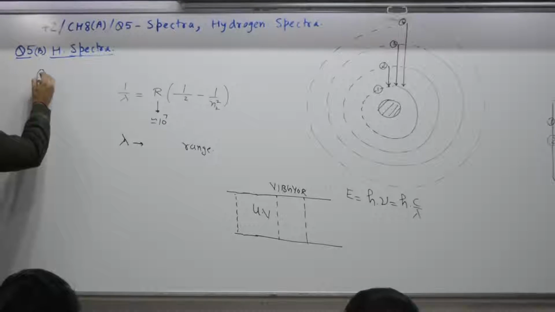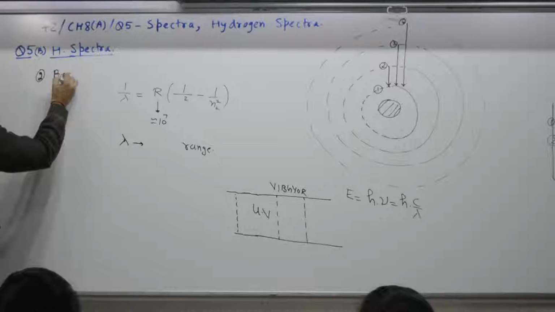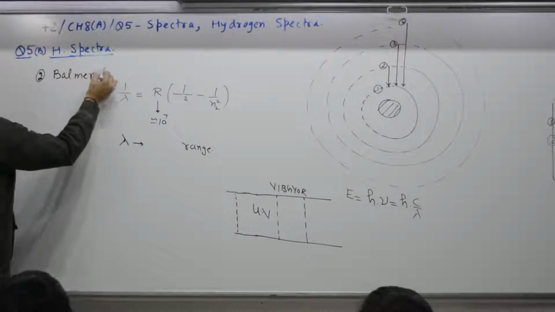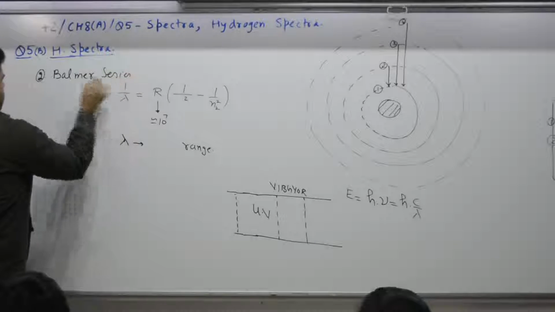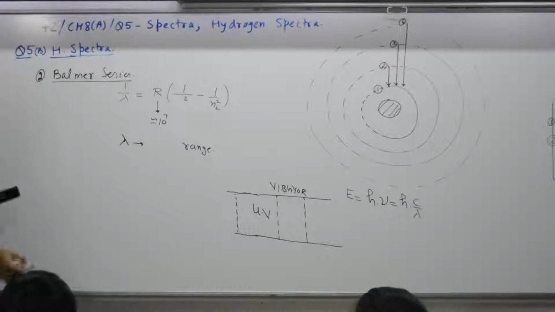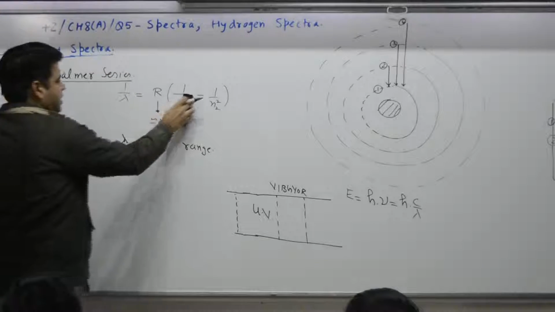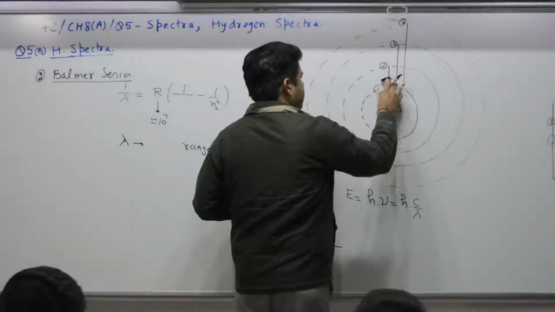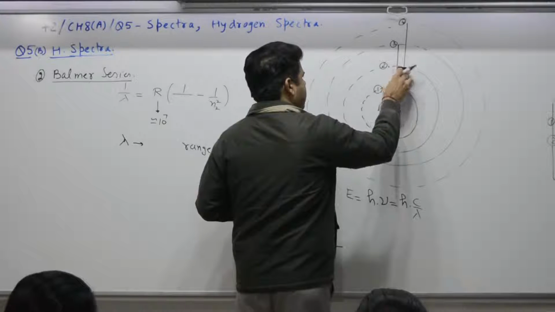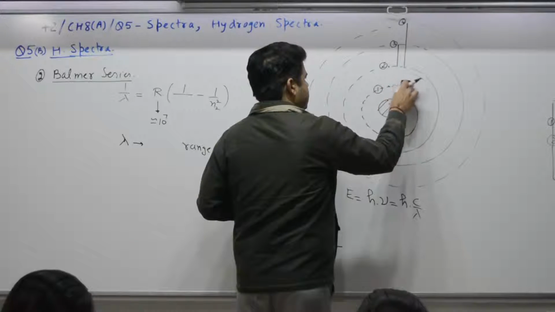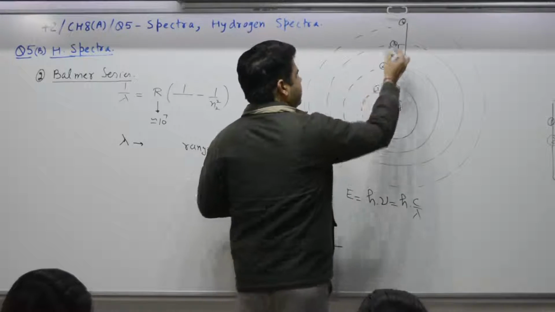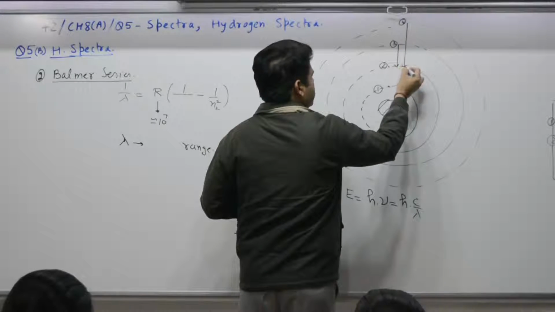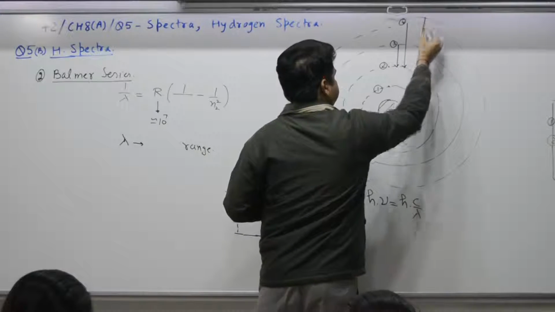Second one is what? Yes, the Balmer series. Here the jumps are to which level? Second level. That is, jump is from third to second, from fourth to second, from fifth to second.